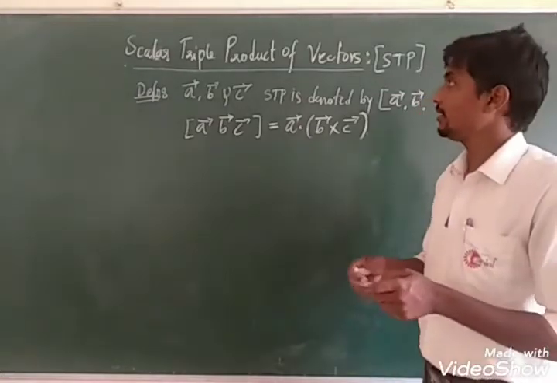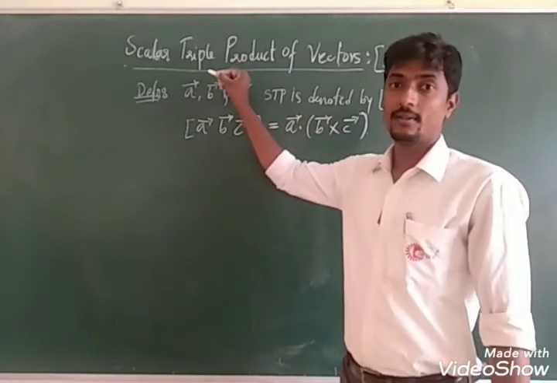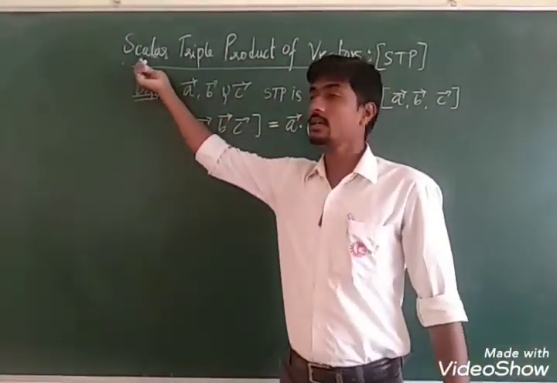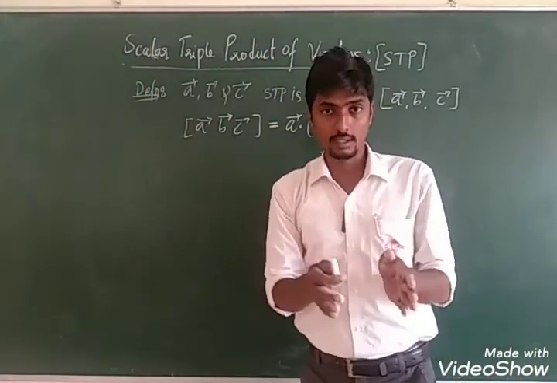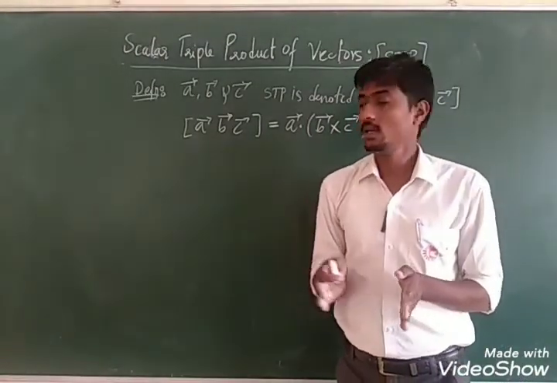So the triple product of three vectors is always a scalar quantity. Remember this thing.